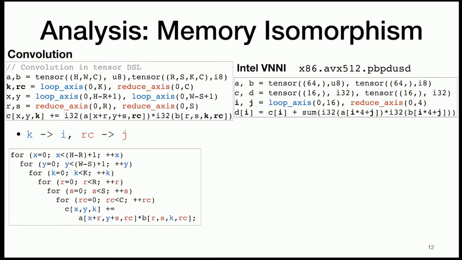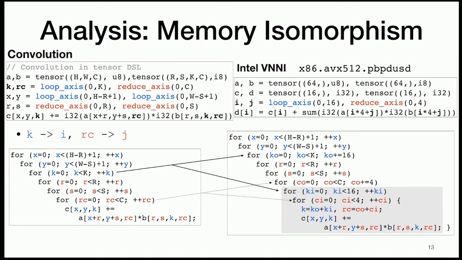Checking the feasibility of a mapping is equivalent to doing something like this on the imperative loop nest IR. The selected loops are split by the corresponding loop trip counts in the instruction and reordered to the innermost. Then we require that the memory accessed in the shadowed region is a subset of the memory accessed in the instruction.